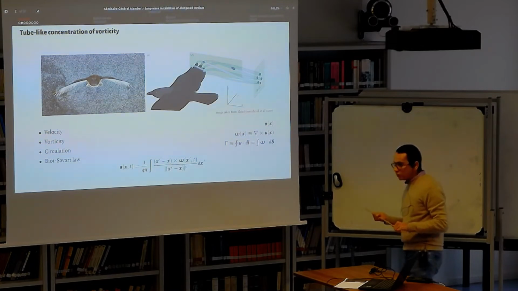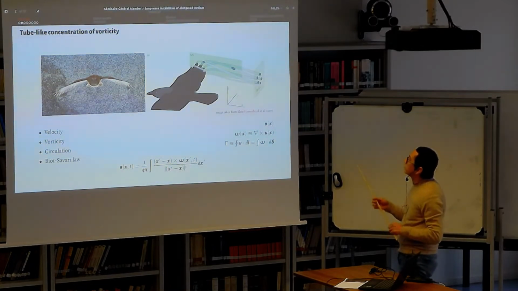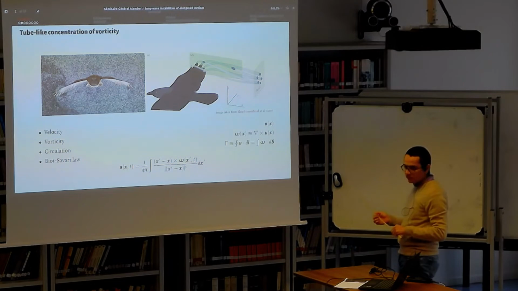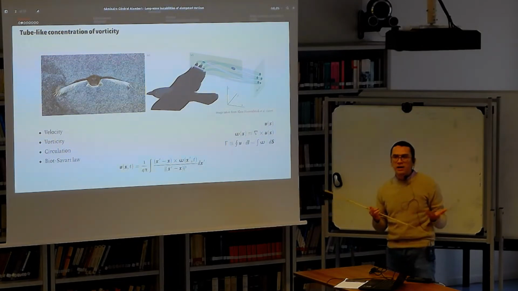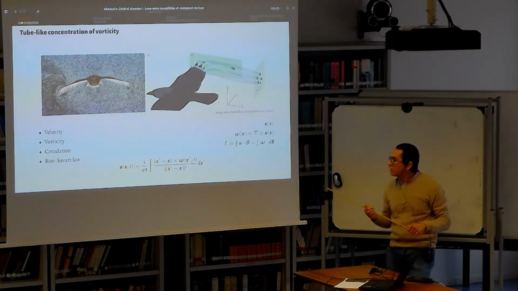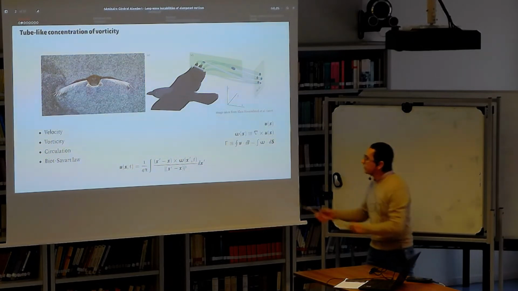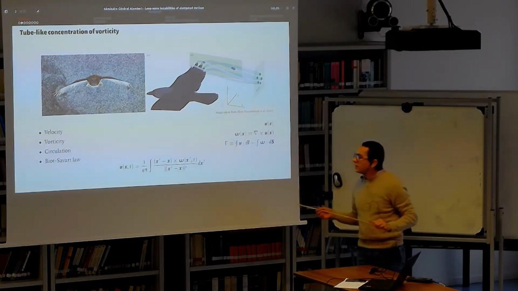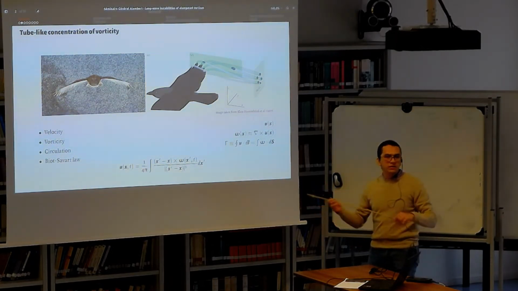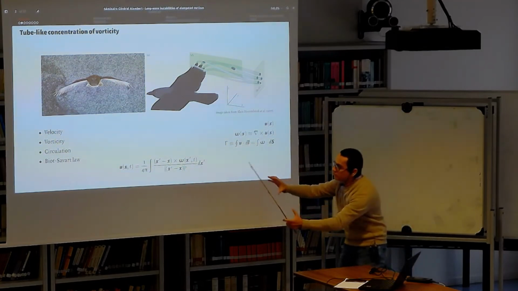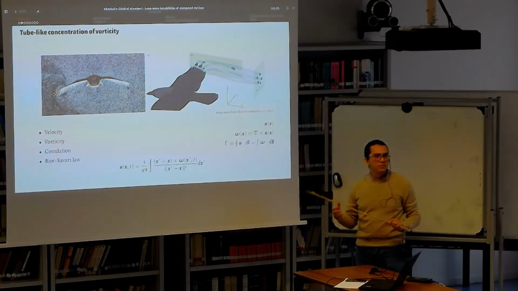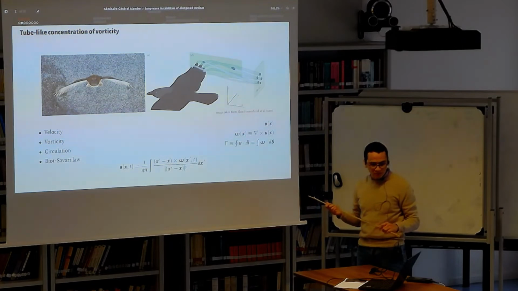Okay. One interesting thing we have in this system is this feedback between vorticity and velocity, where the vorticity field is going to create an induced velocity field, and at the same time, this velocity field is going to transport vorticity. So you have them directly coupled.